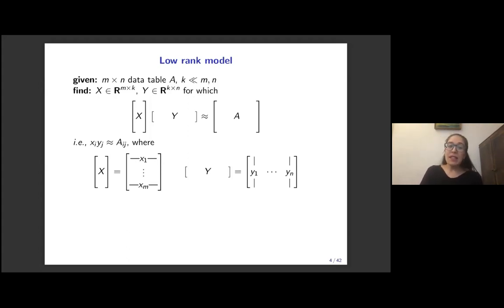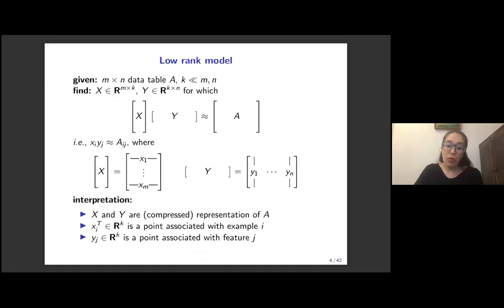Because what it means is that there's a row of X for every example. So for example, for every voter in the United States. And there's a column of Y for every feature, for everything we know about them. And this enables us to answer all the questions that we talked about before. Right? So you can think about X and Y as being a compressed representation of the data table A. That's kind of nice.